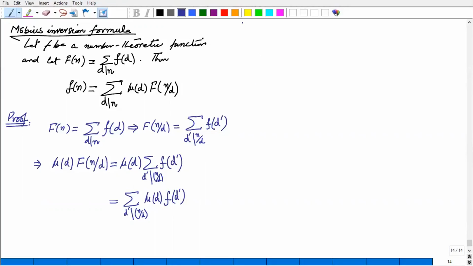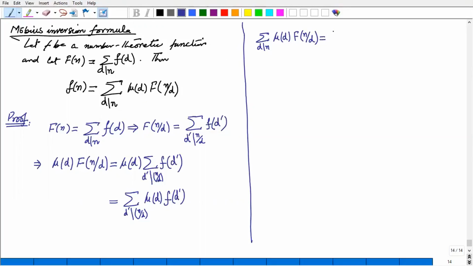Now take the sum over the divisors d of n on both sides. So the left side is the sum of mu(d) F(n/d), which we need here.